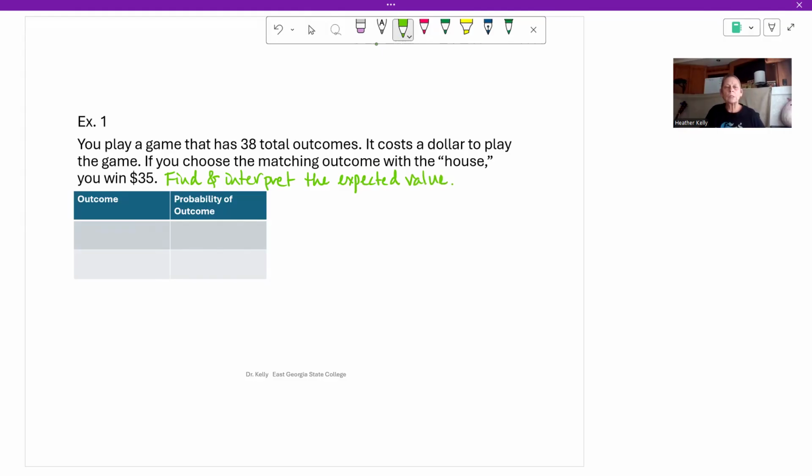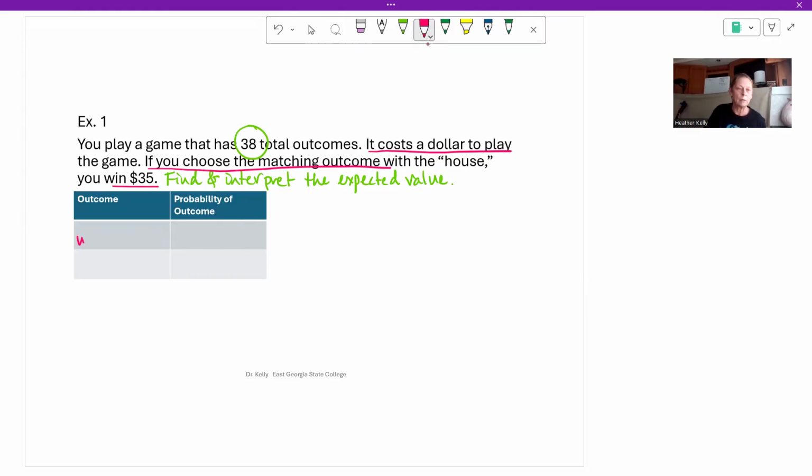First things first, we identify the outcomes. Well, we have 38 outcomes, but what are the outcomes? First, it costs $1 to play. And then if you choose the matching outcome, you win 35. So we have two outcomes here.